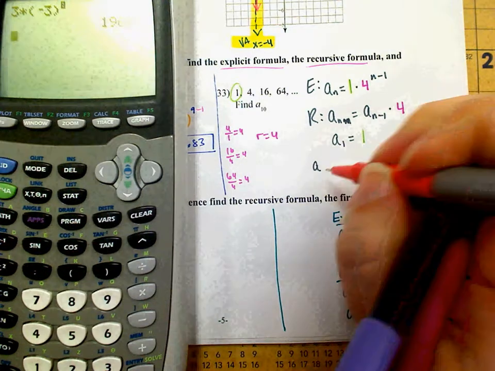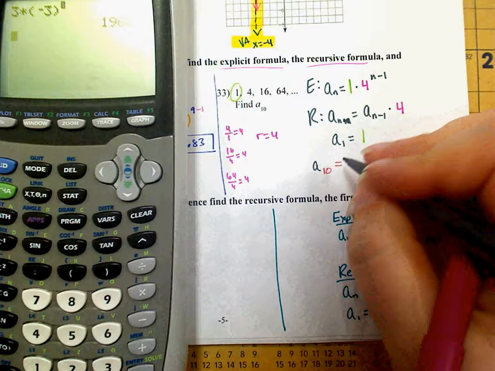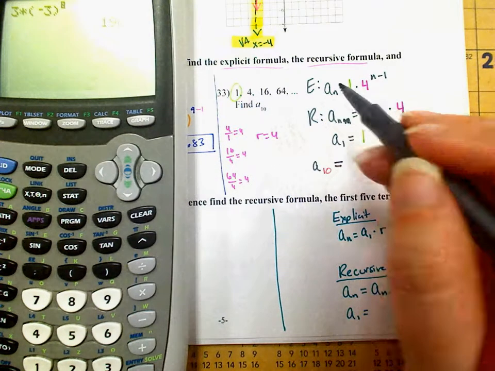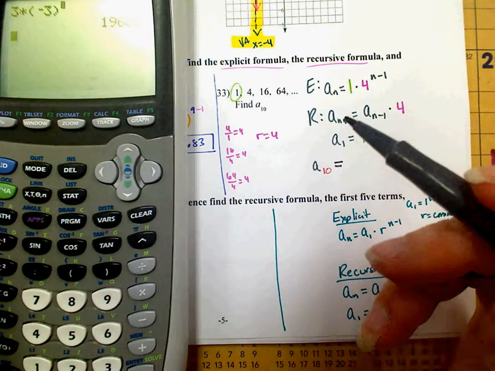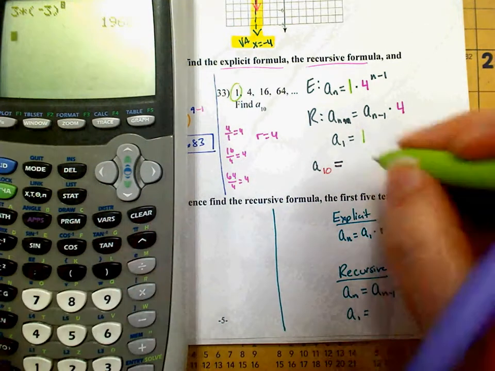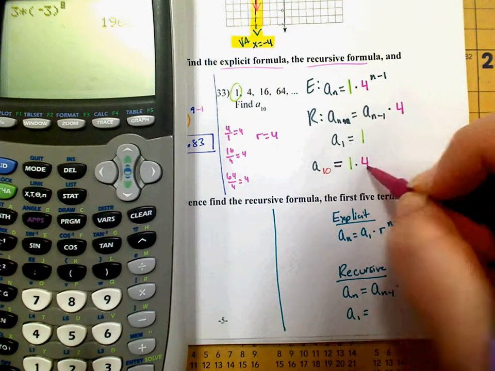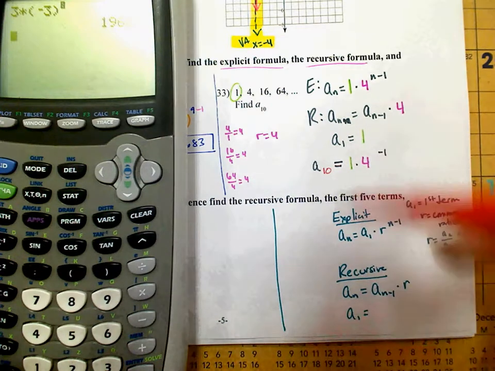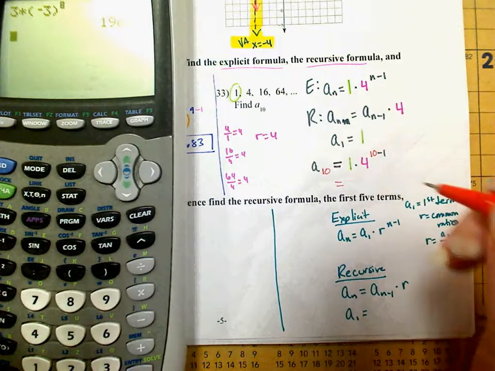So a sub 10 equals, now remember, you could just go ahead and keep going and just keep multiplying by 4. This is the fourth term and just the 6, 7, 8, 9, 10. But you can also just use the explicit formula. So I've got 1 times 4 to the 10 minus 1. And so that is going to be 1 times 4 to the 9th.